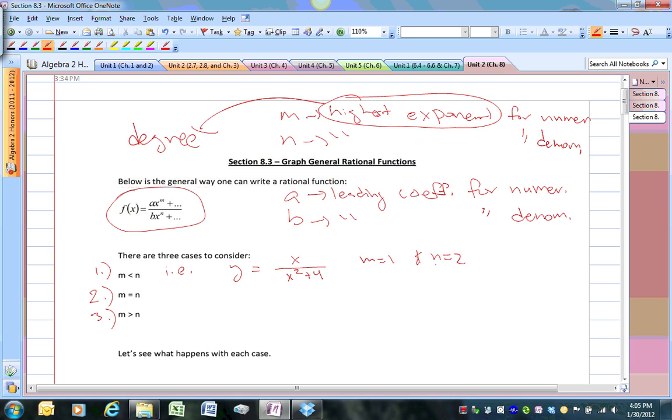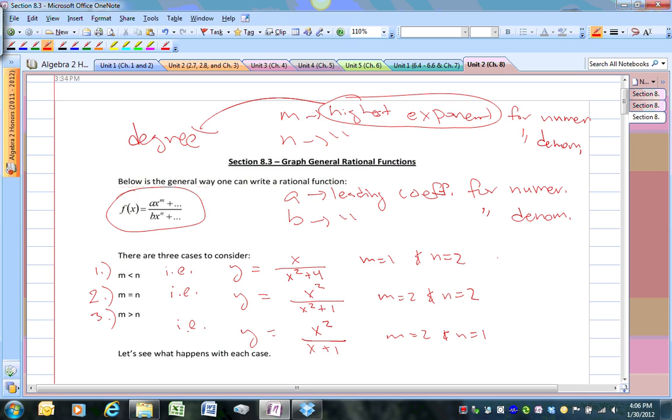So we see that m is less than n. An example of the second case would be x squared over x squared plus 1, m equals 2, and n equals 2. And case 3, say x squared over x plus 1, m equals 2, and n equals 1.